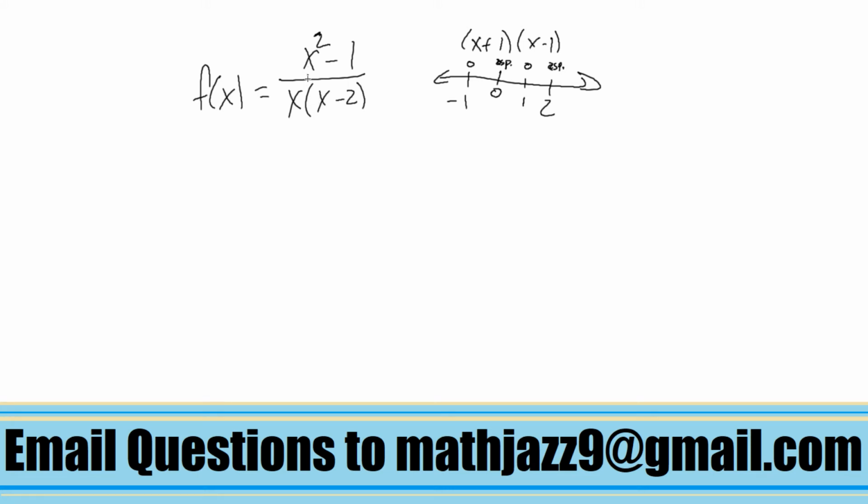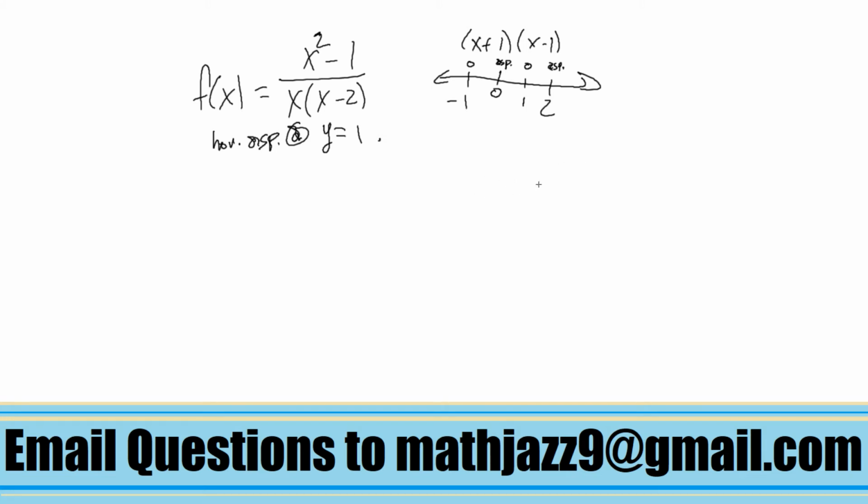It's going to be the coefficient of the top leading term divided by the coefficient of the bottom leading term. In this case, 1 divided by 1. So we have a horizontal asymptote at y, sorry, horizontal asymptotes are y values. y equals 1. So we found the zeros, we found the vertical asymptotes, we found the horizontal asymptotes.